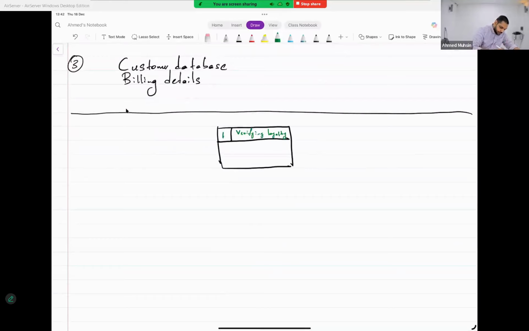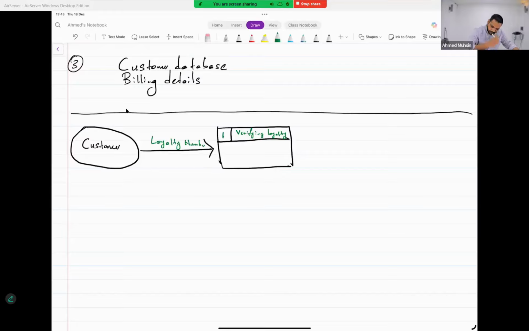Who is the source for this? The customer. The customer will enter loyalty number. And where will this number go to?